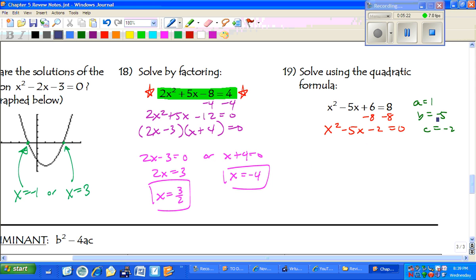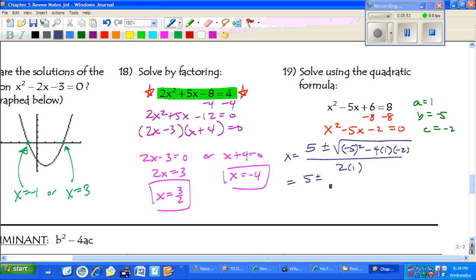So, opposite of B, well, B is negative 5, the opposite of that is positive 5. Plus or minus square root of B squared, so negative 5, don't forget to put it in parentheses, squared, minus 4 times A times C, all over 2 times A. So first thing to do, simplify the stuff under the square root.